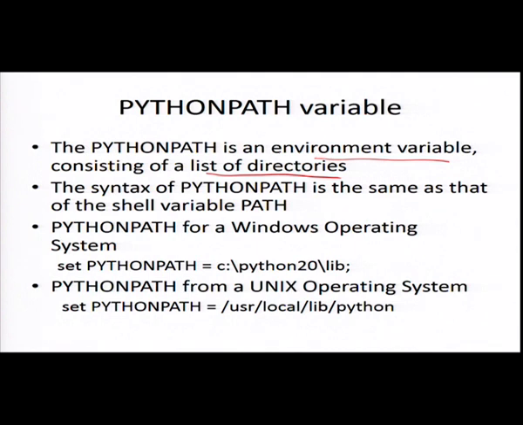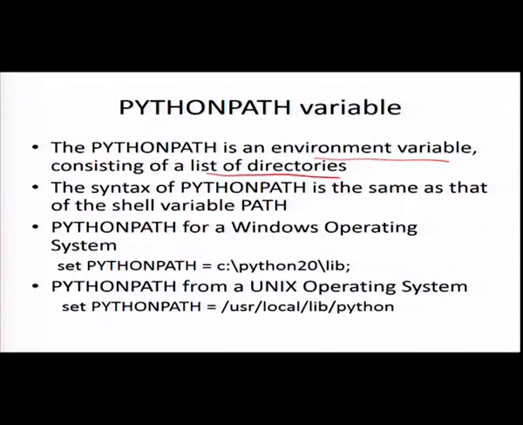In the command prompt, in your Python directory, you type set PYTHONPATH, it is case sensitive, equal to /python, say for example whatever folder name you have, /lib. Lib denotes library. Put a semicolon, press enter, and your Python path will be set.